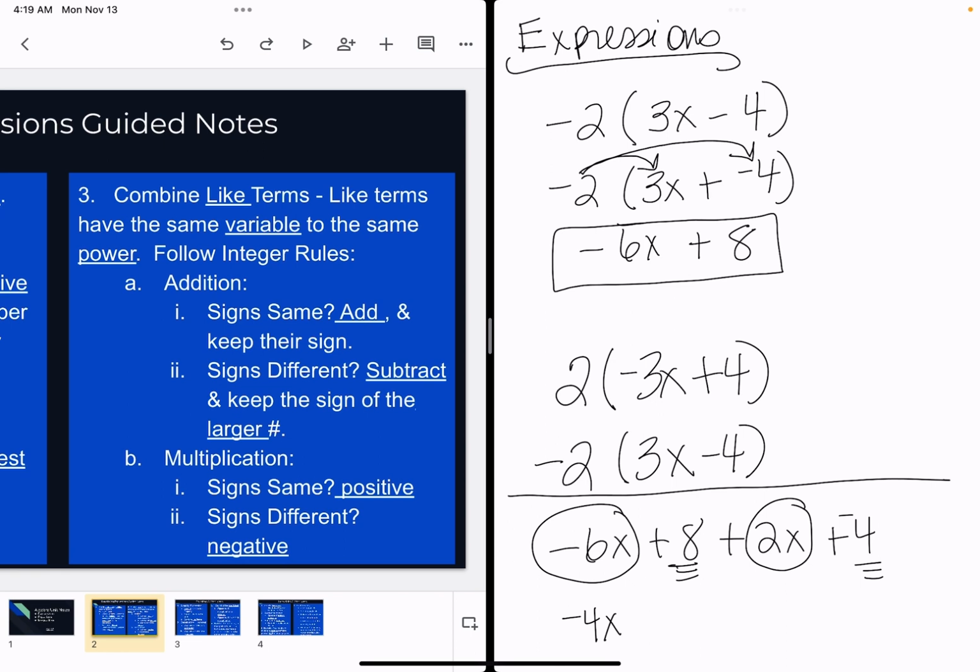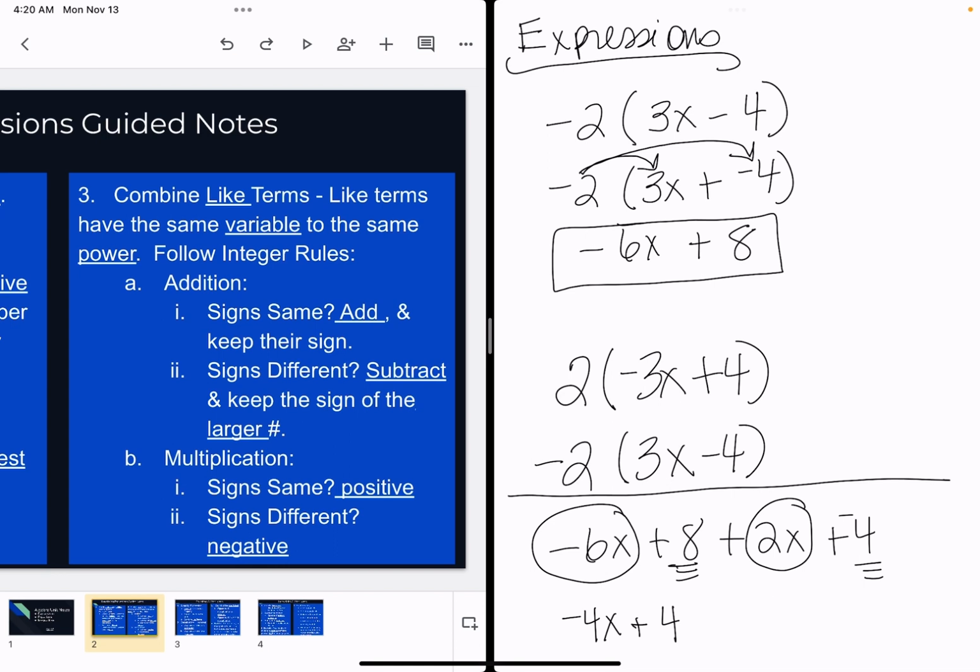These signs are different, so we're going to subtract them. -6x and 2x, we're going to subtract and keep the sign of the larger number, and the larger number was negative, so it'll be -4x. And then plus 8 and then -4. Same thing. The signs are different, so we're going to subtract. 8 minus 4 is 4. And the larger number is positive, so this would be +4. So -4x + 4 on that particular one.